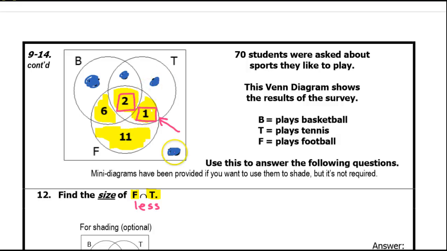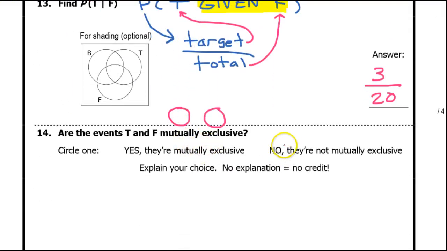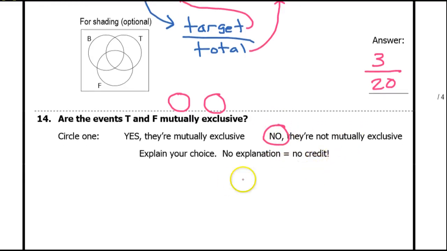So they are overlapping. They are not mutually exclusive. So we will say no, they are not mutually exclusive. There are some students, 3 to be exact, who play both tennis and football. That's how I know that they are not mutually exclusive.